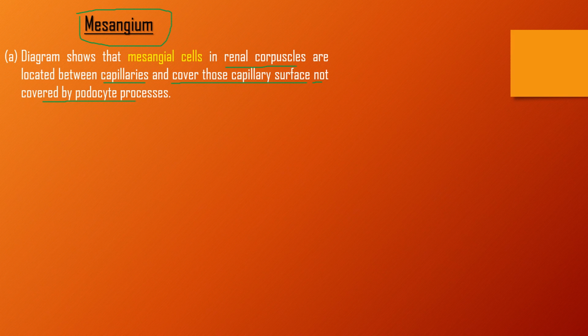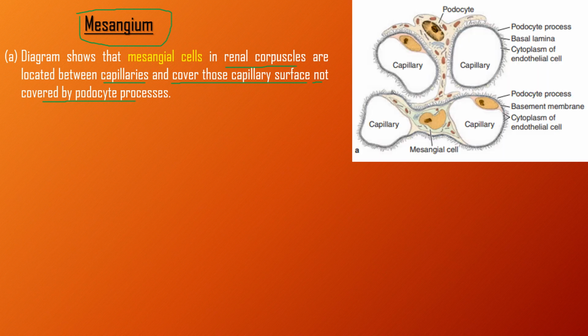As you can see in this diagram, this is the podocyte here, and this is the capillary, and here is the capillary present. Now here is a capillary, and here is a capillary, and here there is no podocyte available. So instead of podocytes, here mesangial cells are present.